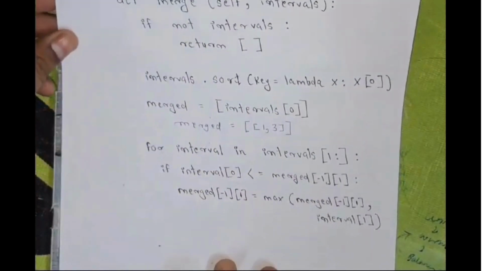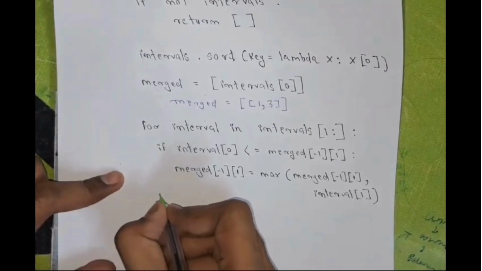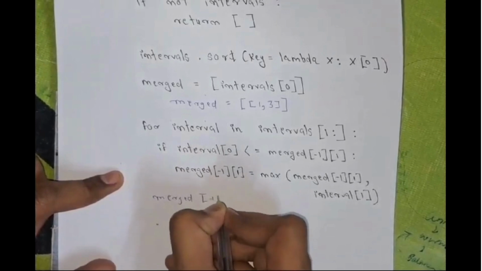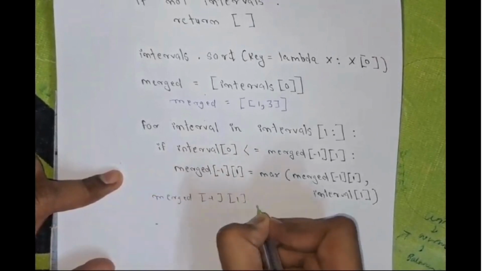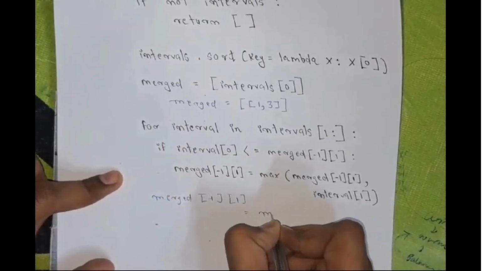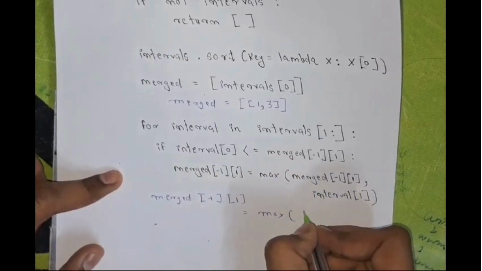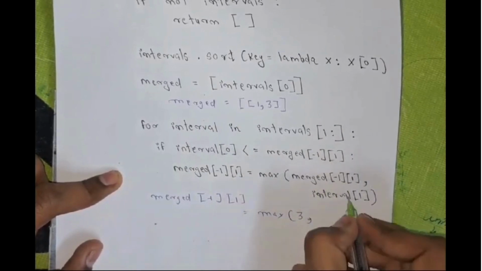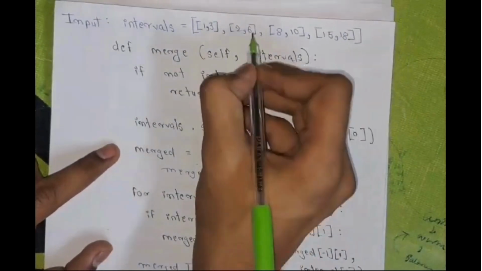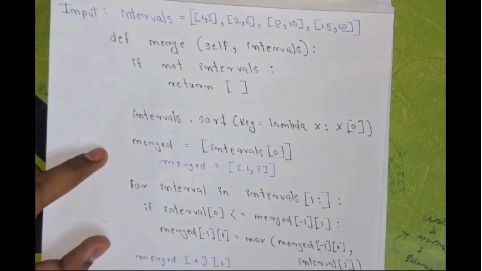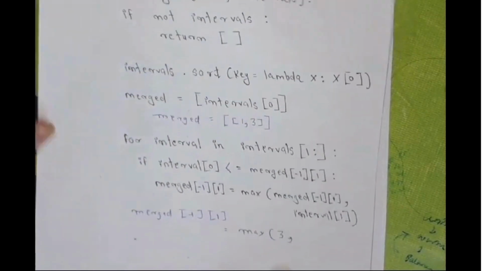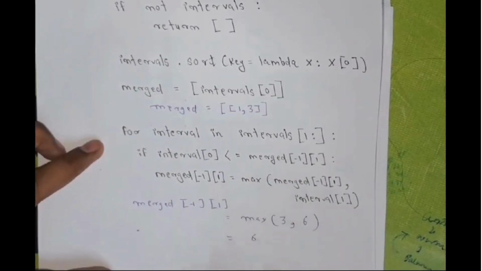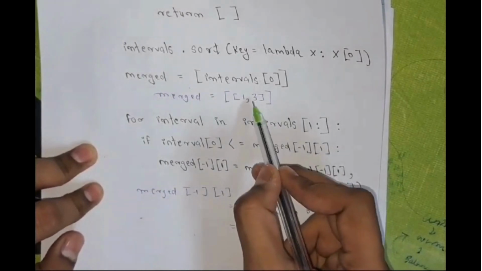So max of 3 and 6 will be 6, that is this element will become 6.